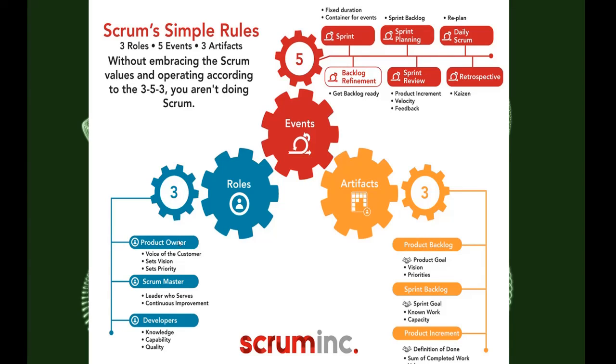And the product owner is the sponsor, the voice of the customer. They set the vision, set the priority, and set the business needs. I can say the product owner takes care of the business side of the product, and he will give you the requirement of the product, how it will look, and which task needs to be prioritized to complete.